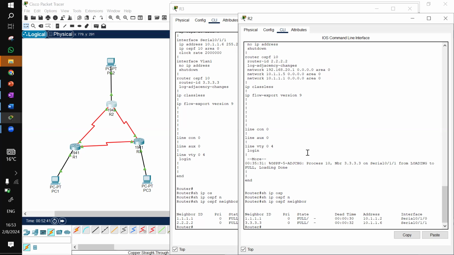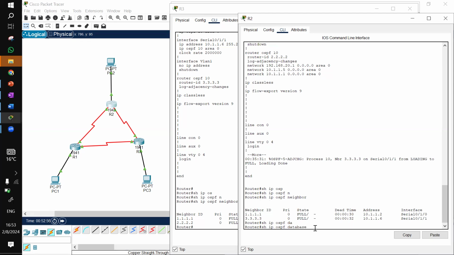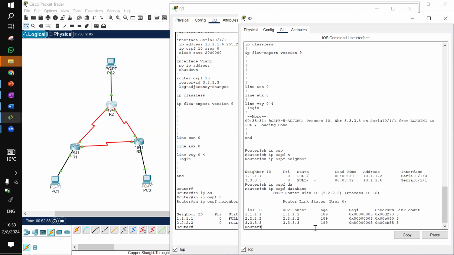Right, from there, let's see our database, starting with router number 2. We change neighbor to database. With the database, it shows us all the routers in the OSPF network.